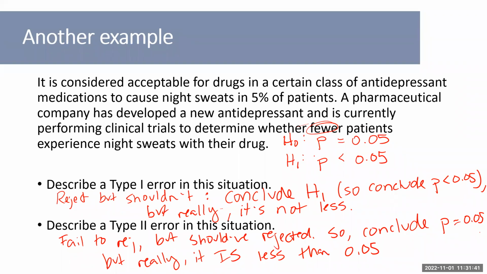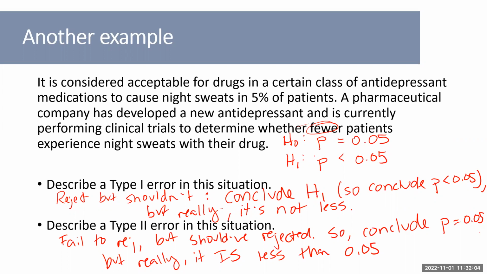Now, in this case, think about which one's worse. Even this isn't clear cut. It kind of depends what standpoint you're from. If they conclude that it's actually less than 5%, but it's not, that means that they're going to advertise, they're going to encourage prescriptions, they're going to do all kinds of stuff and say, hey, ours works so much better. And really it doesn't. That's going to get them in a lot of regulatory trouble, right? That's not a good idea either.